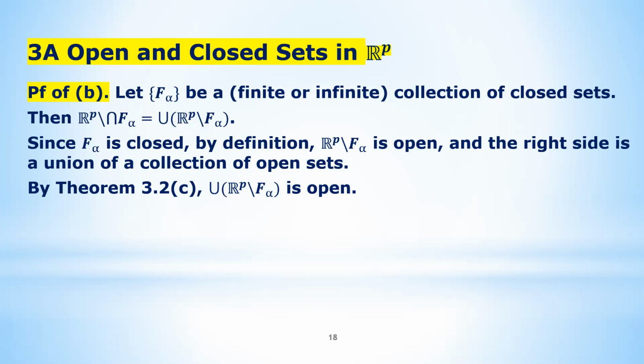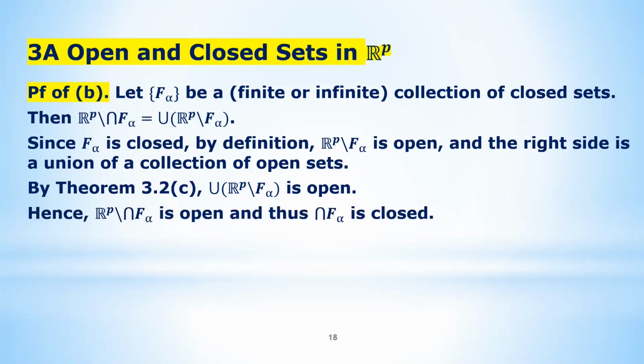So the right side is an open set, and therefore the left side is also open. The left side is the complement of the intersection. So the complement of the intersection is open, and therefore the intersection itself is closed.